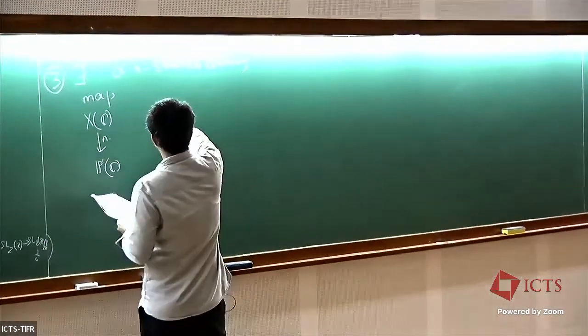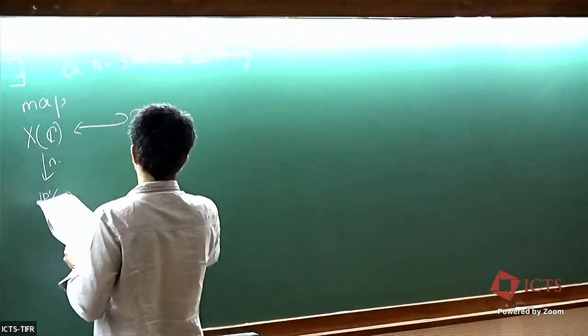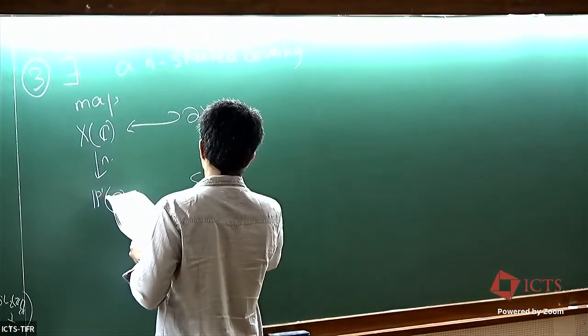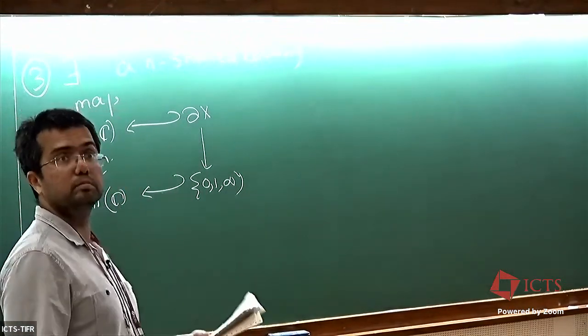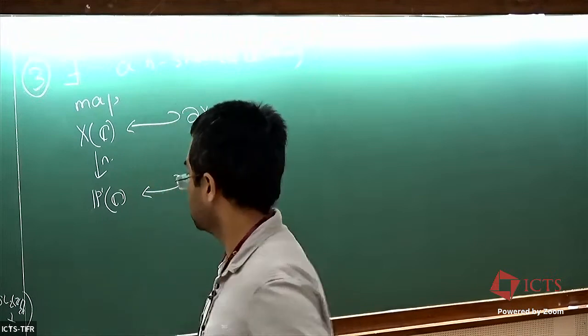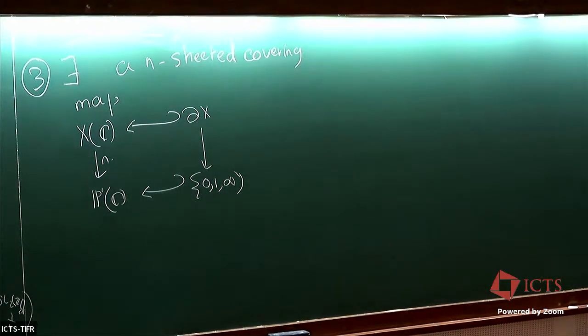And inside this, we have this boundary. This will go to 3. Point here.